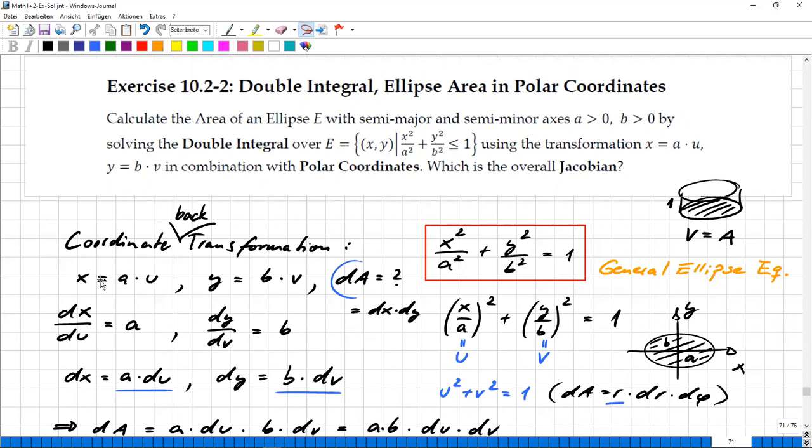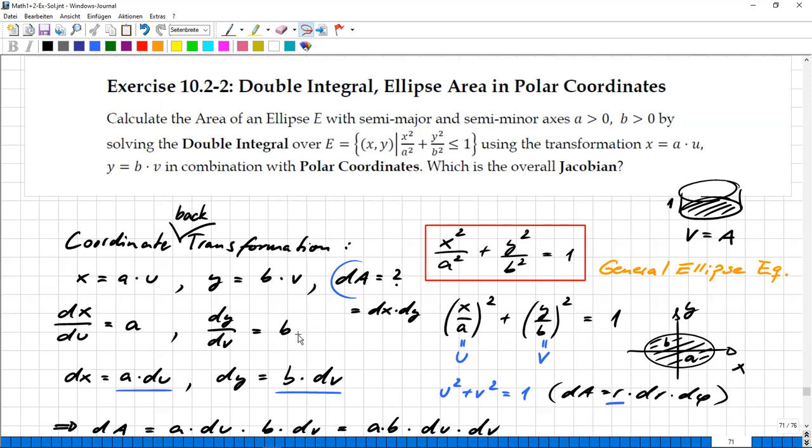So the answer is simple. Taking x as a function of u and v, but actually just a function of u, differentiating x with respect to u, the result will be constantly a. So that's simple. Also, y differentiated with respect to v, in other words dy over dv, will be constantly equal to b.